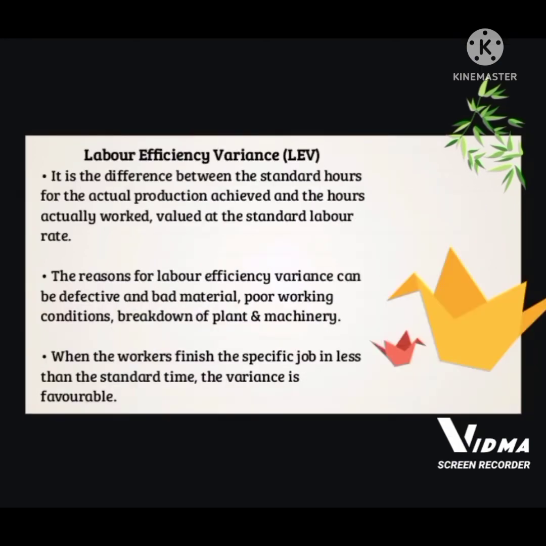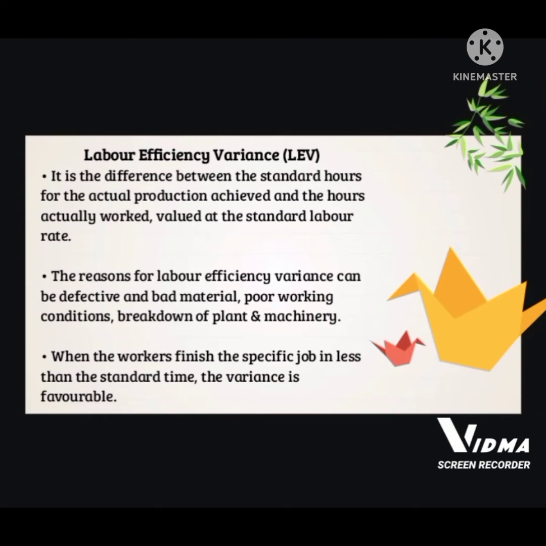Labor efficiency variance. It is the difference between the standard hours for the actual production achieved and the hours actually worked, valued at the standard labor rate. The reasons for labor efficiency variance can be defective and bad material, poor working conditions, breakdown of plant and machinery.